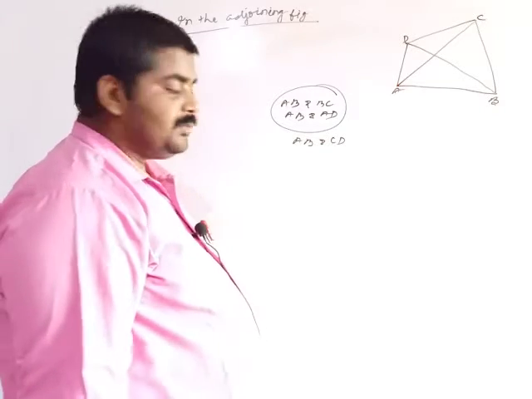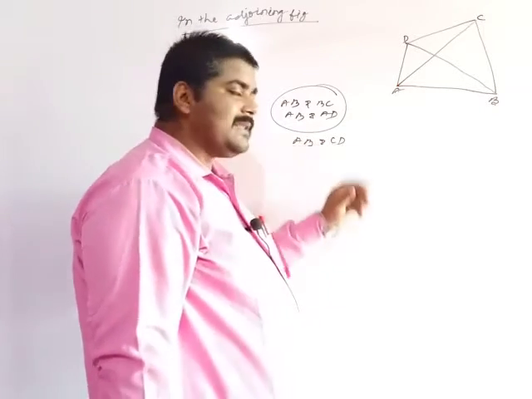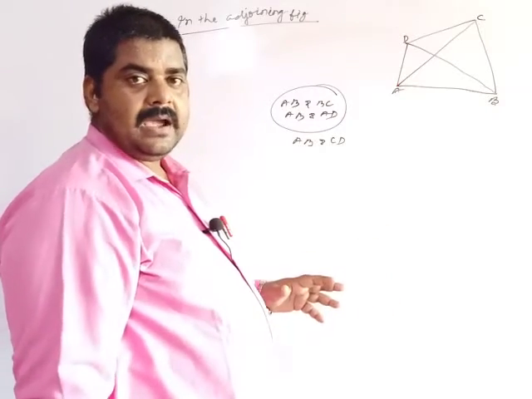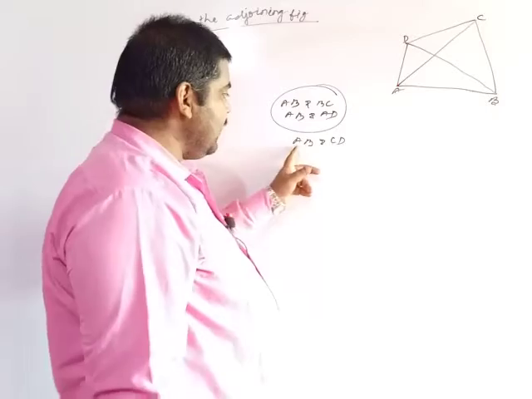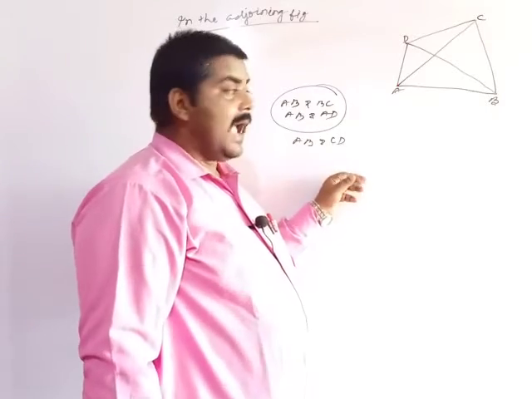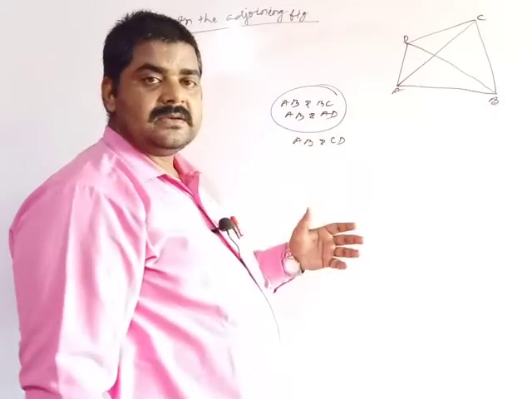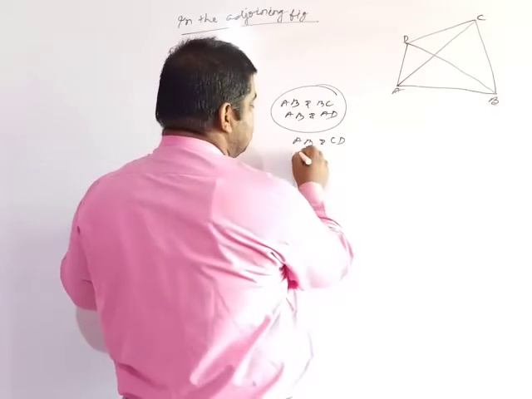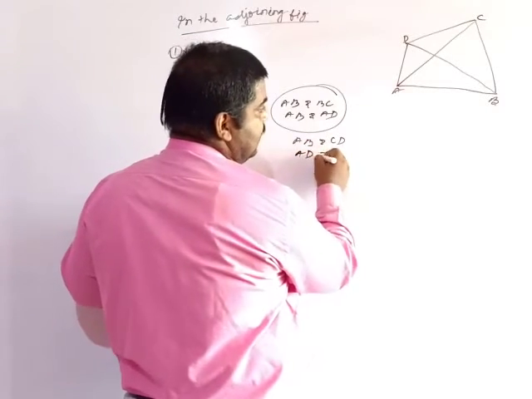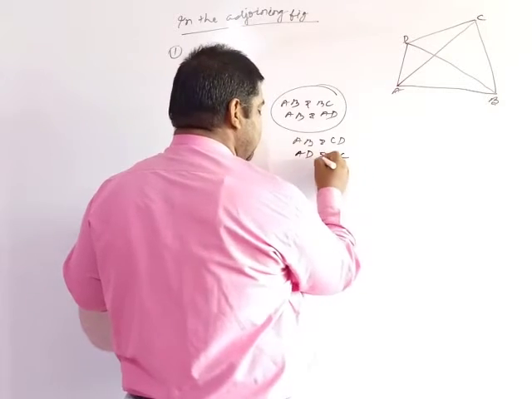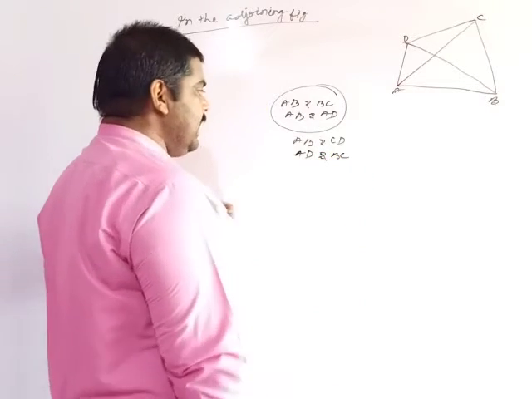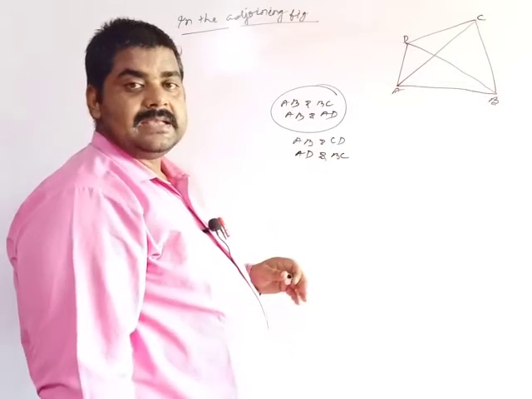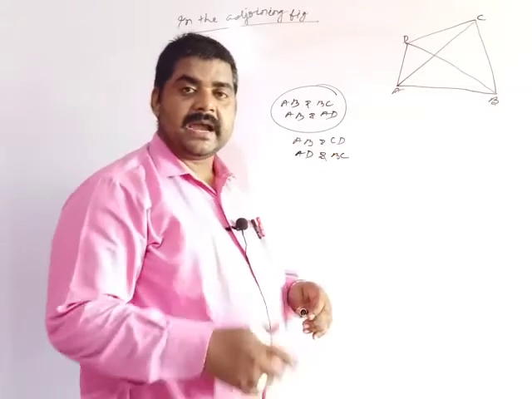This is why AB and CD are known as opposite sides. One pair of opposite sides is AB and CD, and similarly, another pair is AD and BC. AD and BC are also non-adjacent sides, or opposite sides.